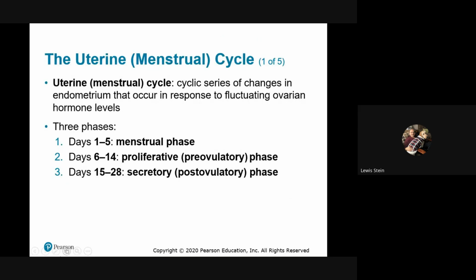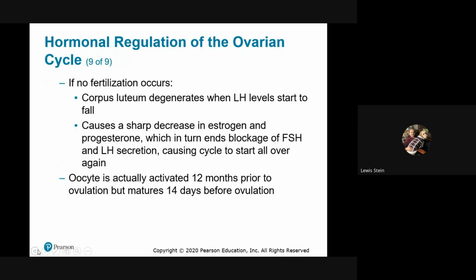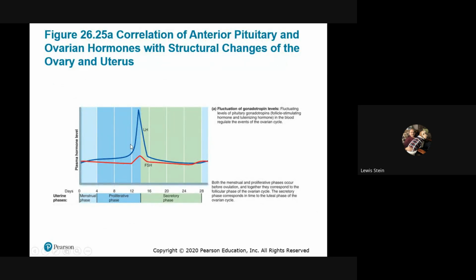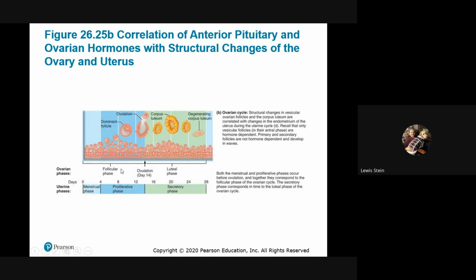So we have the ovarian cycle, summarized here to a certain extent. And let me go forward, and I'll go back to the menstrual cycle. This is the correlation. In the uterine phase, here they're comparing what happens in the ovarian cycle.